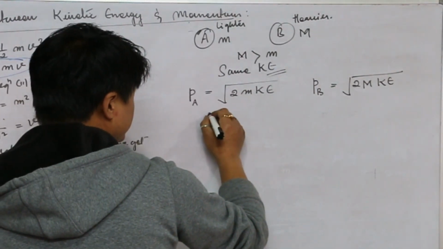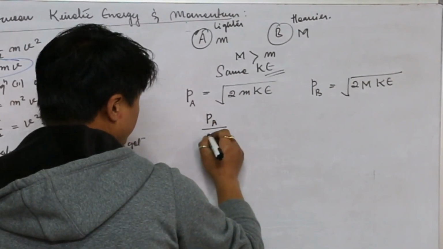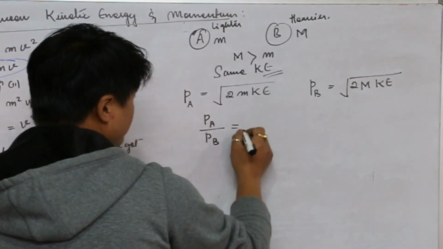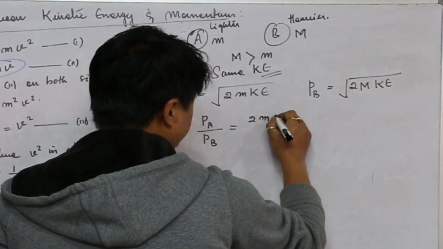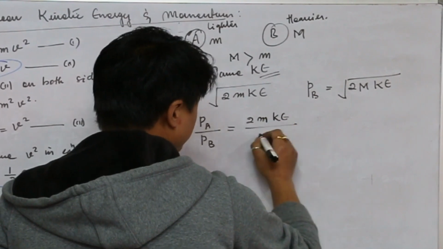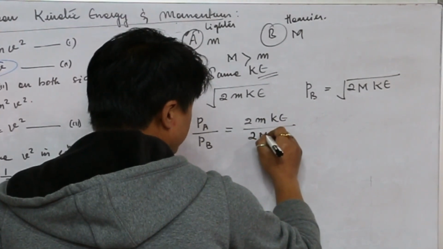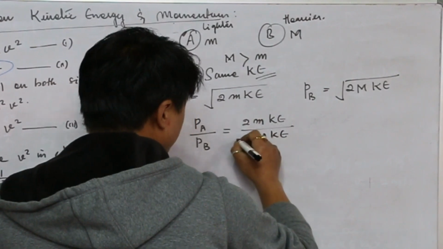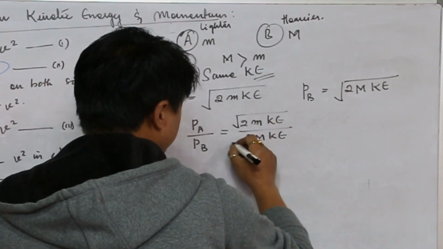So dividing these two, momentum of A divided by momentum of B will give you 2m KE divided by 2 capital M KE, both under root.